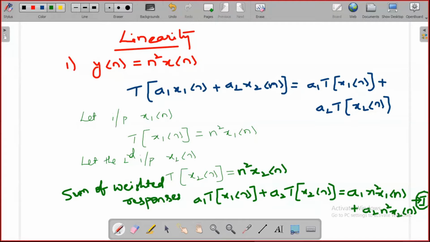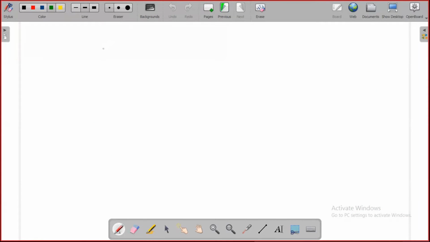Next, find the left side, that is the response of your system to a sum of weighted inputs.